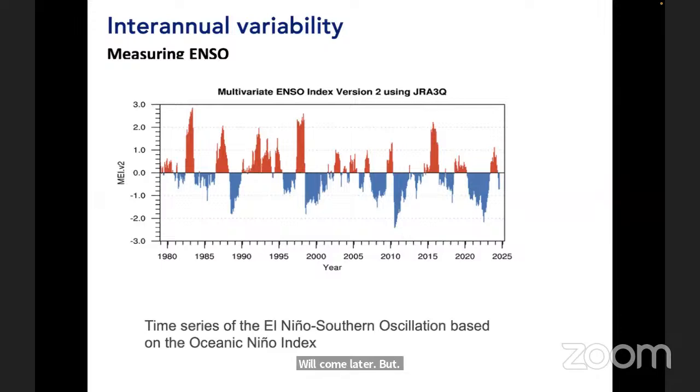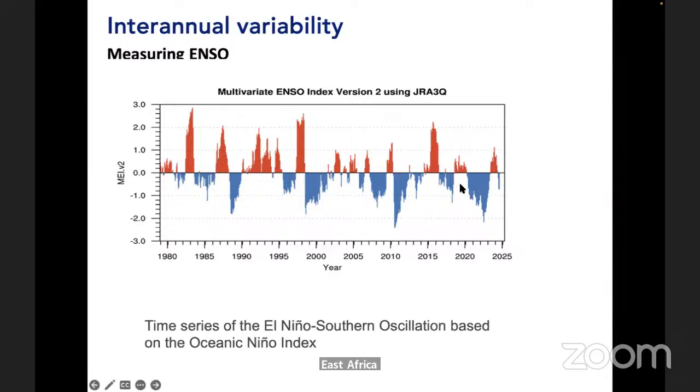Even over Kenya, the impact of El Nino during March, April, May is different from the impact of El Nino during OND, October, November, December. And the recent El Nino, if anybody remembers, 2015, 16, East Africa again, big thing.